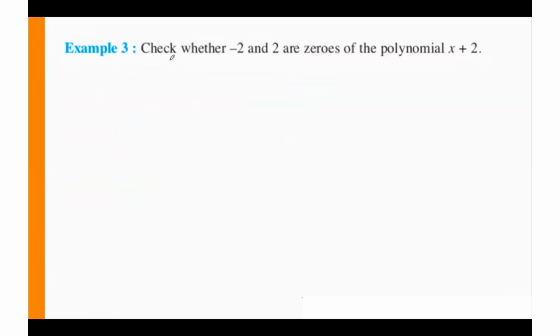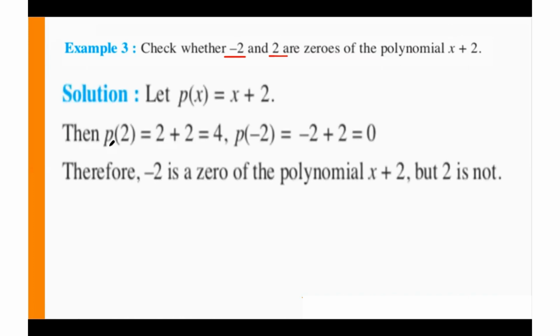Now, let's take this example. Check whether minus 2 and 2 are the zeros of this polynomial. So we are going to take minus 2 and put it in the place of x here, and then we are going to take 2 and put it in the place of x here. Let's take positive 2 first. If we take p of 2, it becomes 2 plus 2, which is 4.